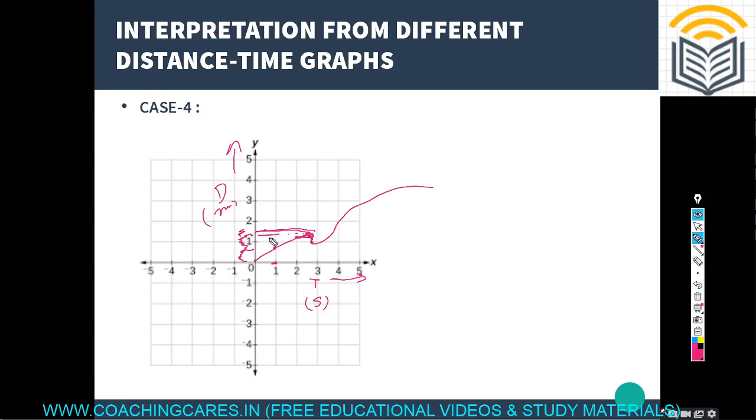And in another movement, the body moves again in another direction. So you notice the first distance is different, the second distance is different, the third is a very small distance, but the time interval is equal, which is 1 second. This type of graph, this type of motion, is known as non-uniform motion.